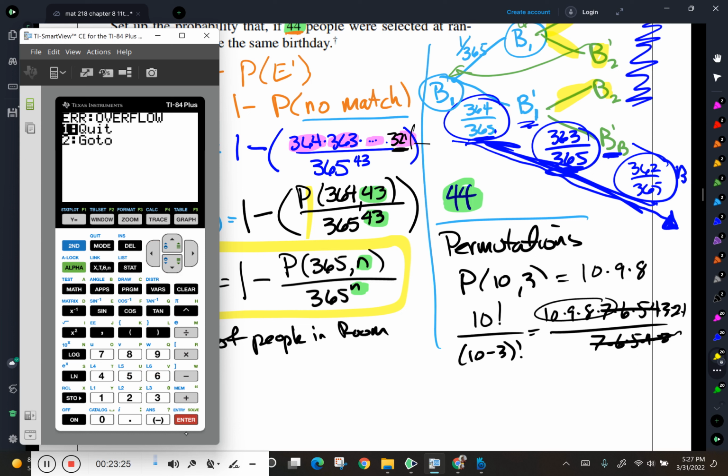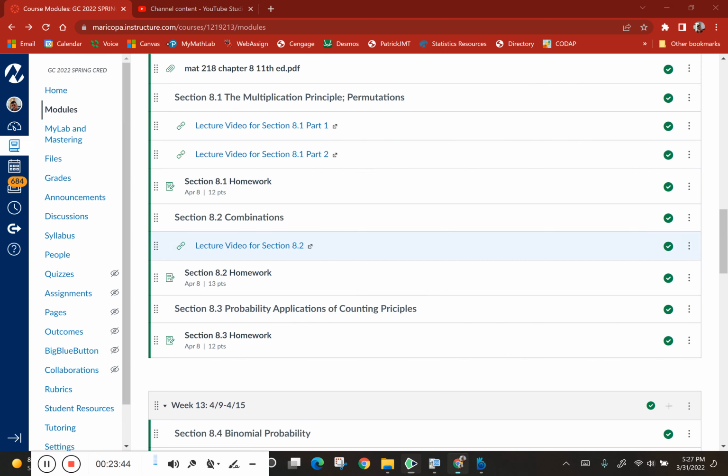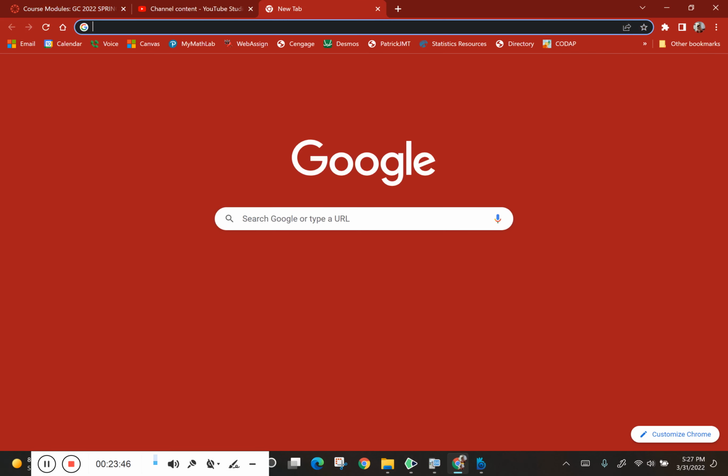I'll press enter and I get overflow. What on earth does that mean? Well, that just simply means that the calculation is actually too big for my calculator. It can't handle this problem. The math is too big. I need something more powerful.